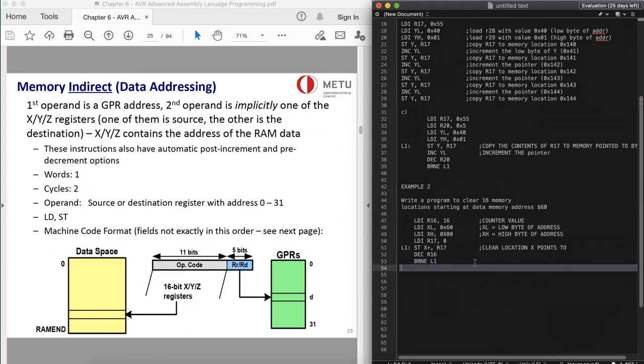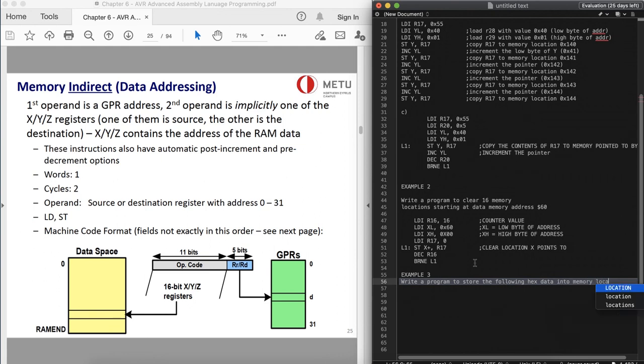So example 3. You can try these by yourself just to make a practice. Write a program to store the following hex data into memory locations $240 to $243.